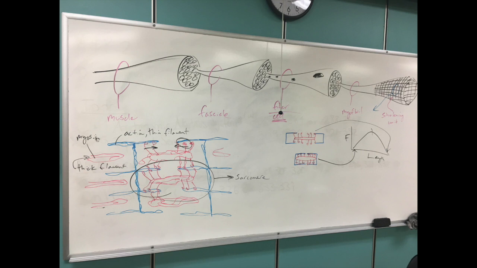Muscle fibers are composed of little tubes. All right, these tubes kind of look like this. These little tubes, if I'm going to draw this guy, make him bigger. These little tubes are called myofibrils.